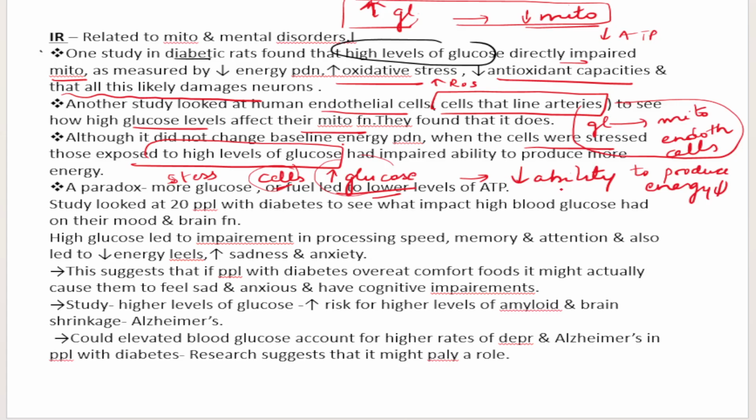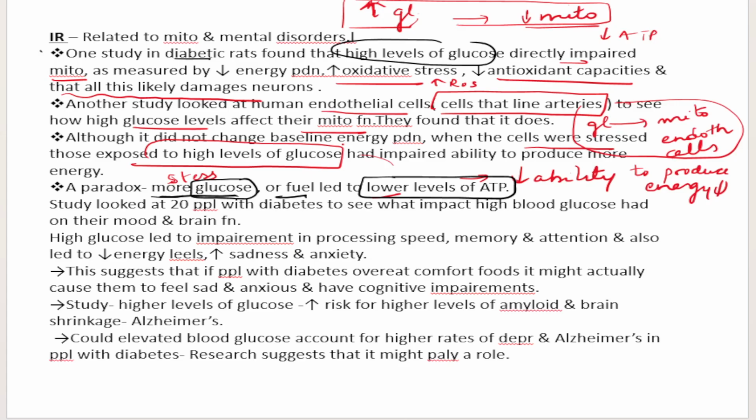Now, this is a paradox. Why? Because glucose acts as a fuel. But here, more glucose or fuel is leading to lower levels of energy production, lower levels of ATP.